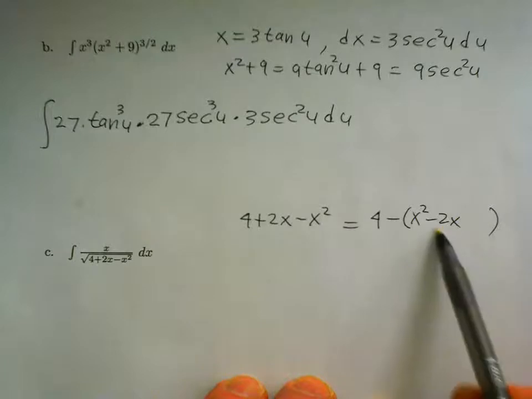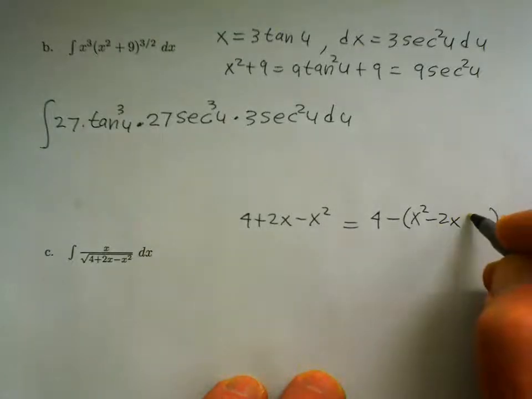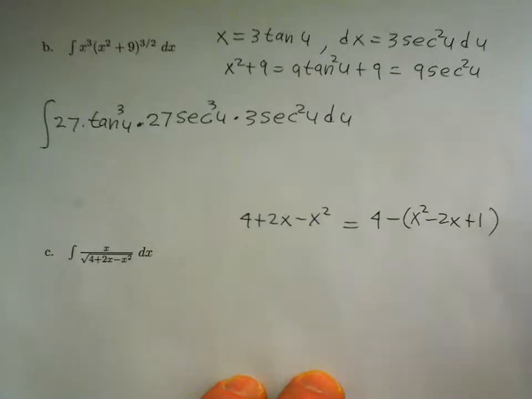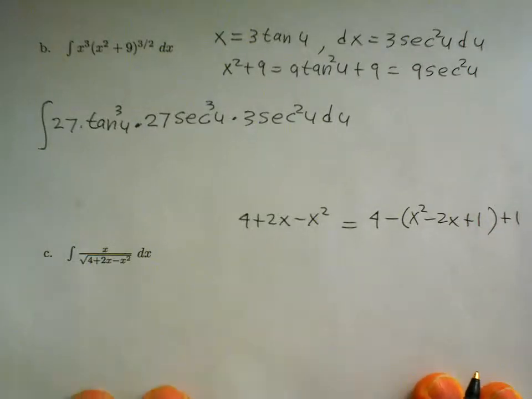Okay, so we take half of -2 and square it, which is +1. But by writing +1, we've actually subtracted 1. So to compensate for that, we add 1 on the outside. See how that works?